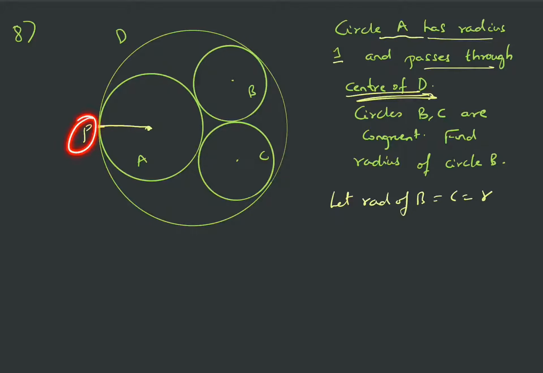I am joining the point of contact and the center of A. So since D and A are tangent to each other, the centers of A, D and point of contact must be collinear. So if I join point of contact and center of A, it should pass through the center of D. This line passes through center of D. But it is given that circle A passes through center of D. So you can see that this point is nothing but the center of D. Okay. So this is nothing but center of D. So let us say this point is O.